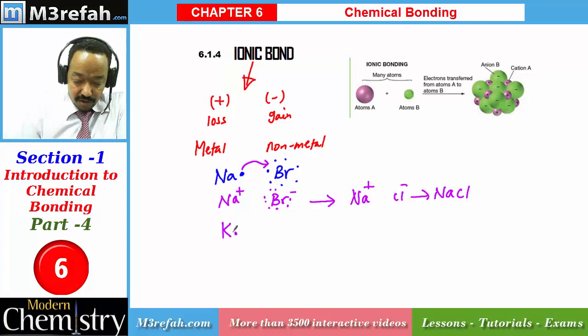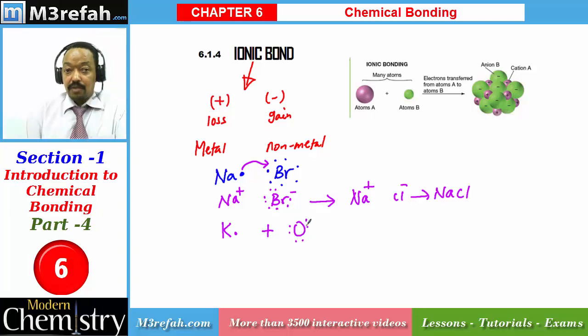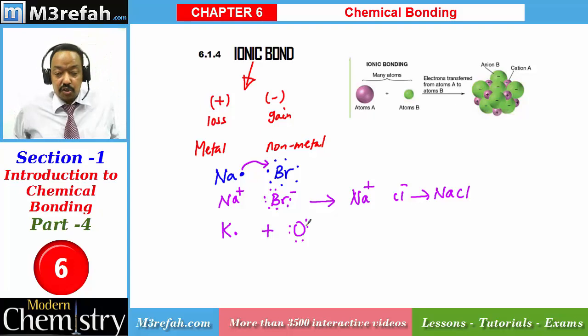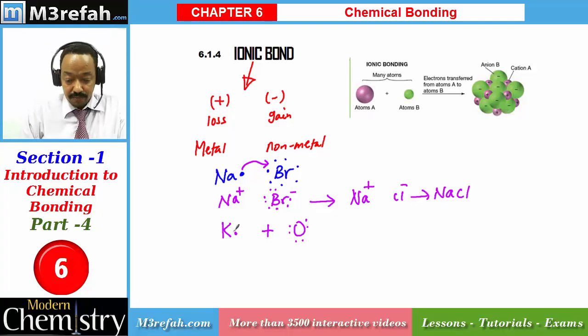You can make many examples, like potassium of group 1 with oxygen of group 6, where the group indicates the valence electron: 1, 2, 3, 4, 5, 6. Now, to have a partnership here, potassium loses 1 electron, and this loss of one electron doesn't satisfy the need of oxygen, because oxygen needs 2 more electrons.